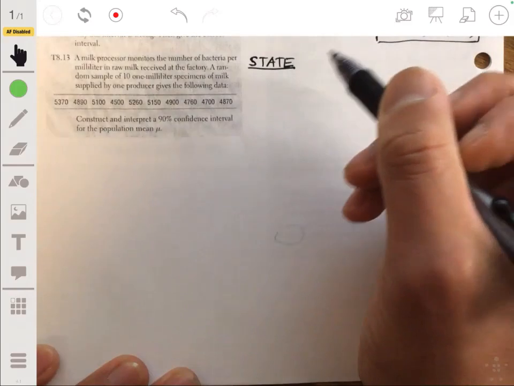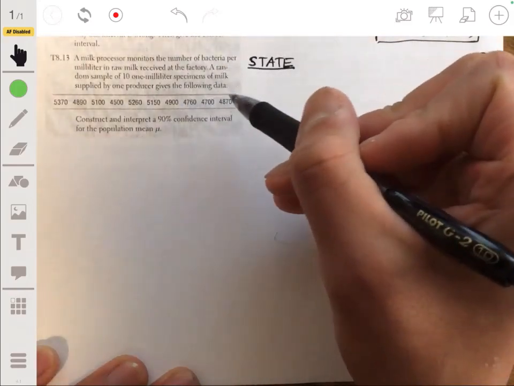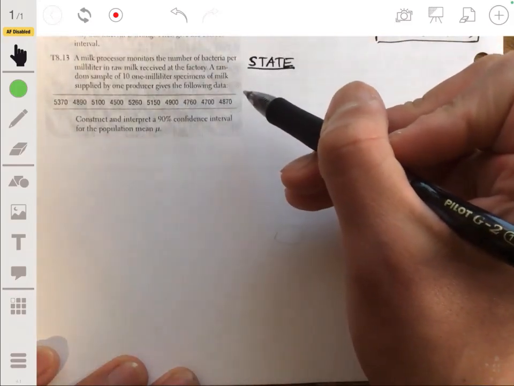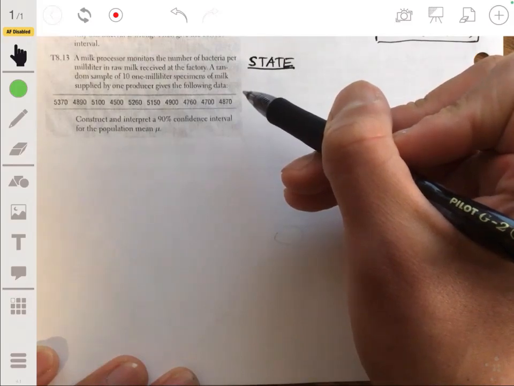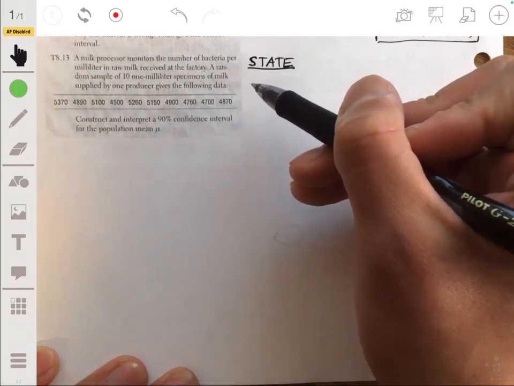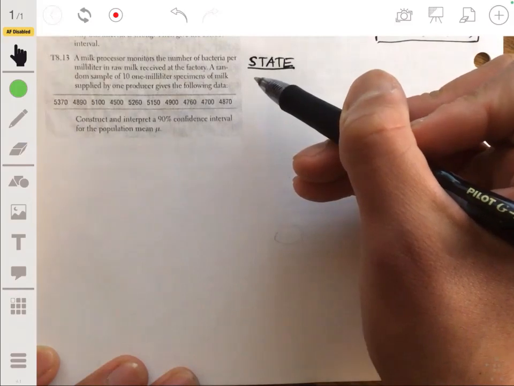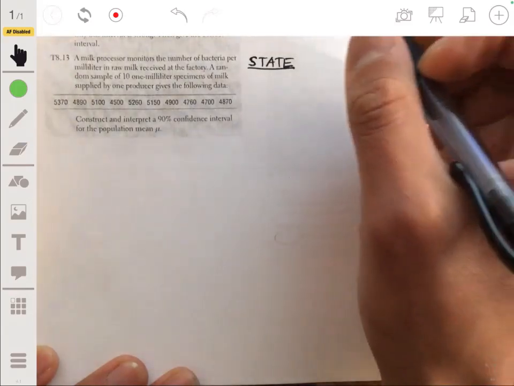And here we're going to say that we want to estimate the true mean mu, which is the true mean number of bacteria per milliliter at the factory at the 90% confidence level.